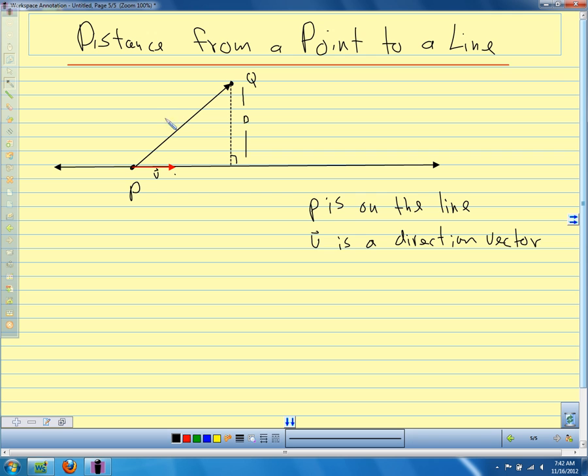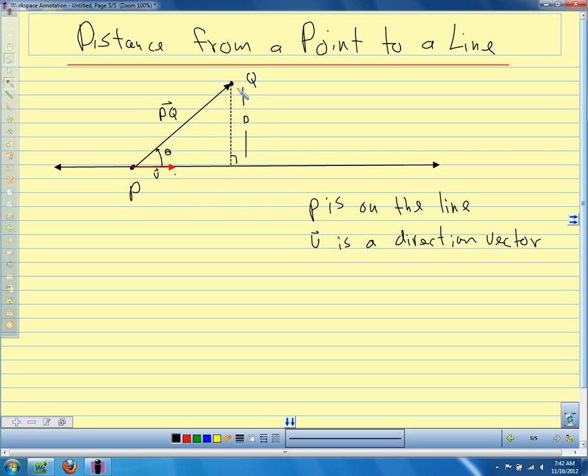And that's PQ. So let's draw in our angle here between the line and PQ.